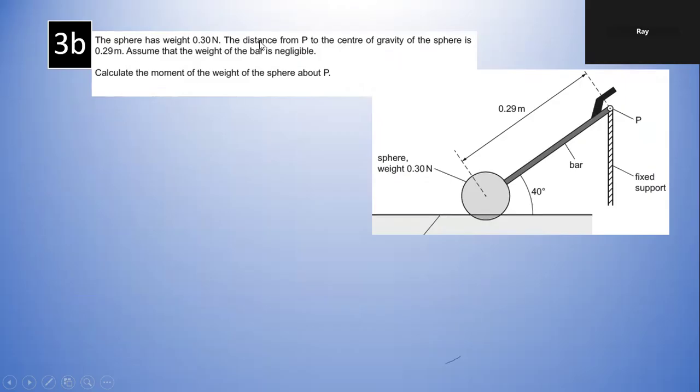The distance from P to the center of gravity of the sphere is shown, they draw it for you in the diagram. Assuming that the weight of the bar is negligible, you don't bother about the weight of the bar. Calculate the moment of the weight of the sphere about P. This is an easy mark to get.